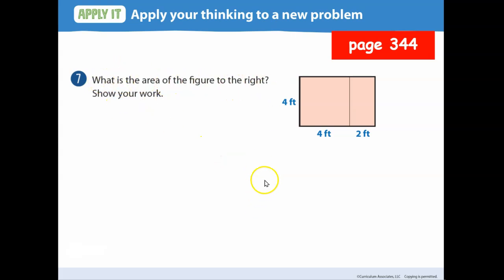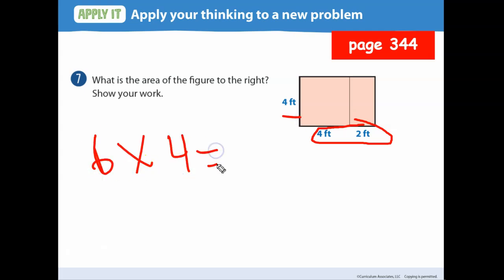I could do it a couple ways. I could do it like this. I could add both of these, which is 4 plus 2 is 6, and then multiply by 4. 6 times 4 is 24. I could do it that way.